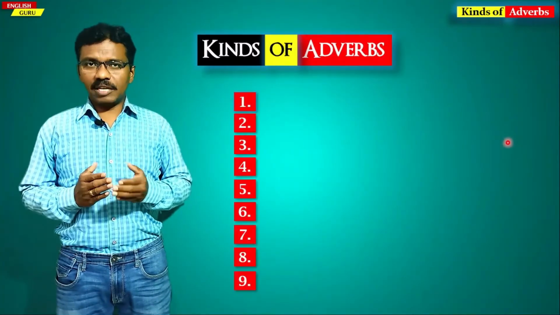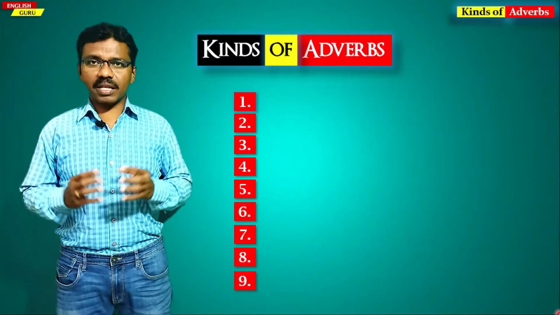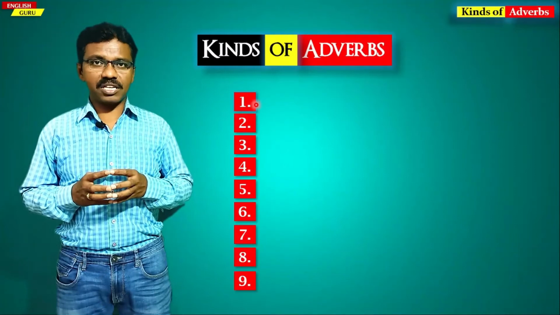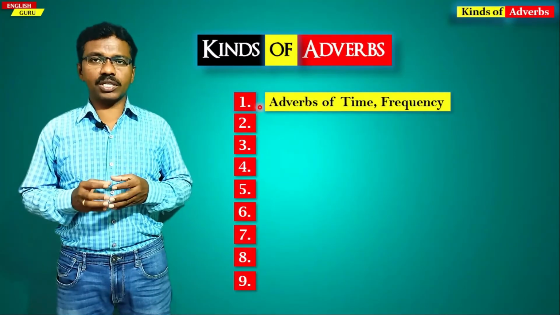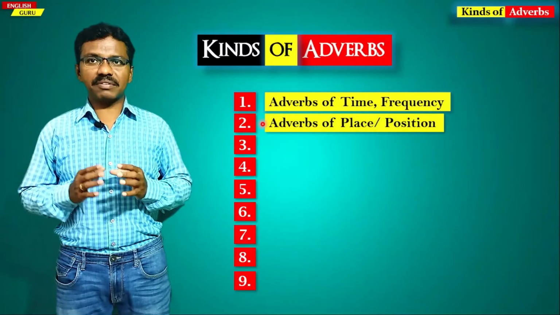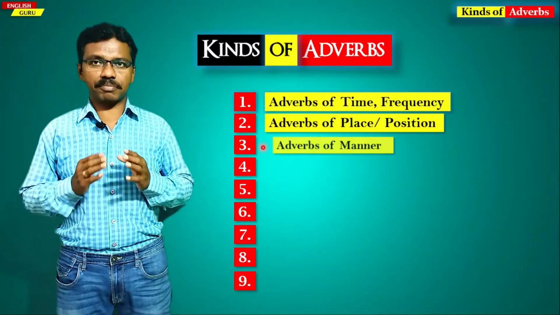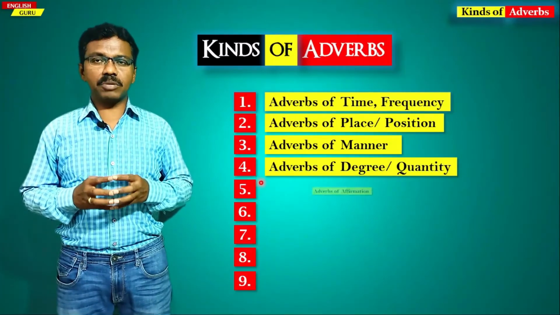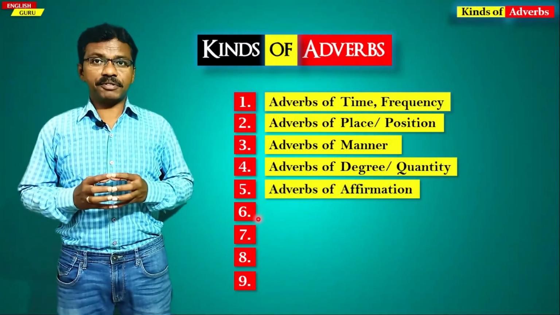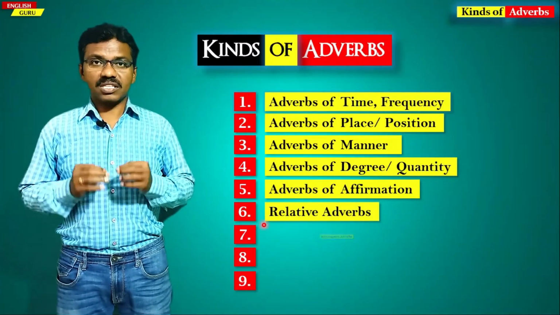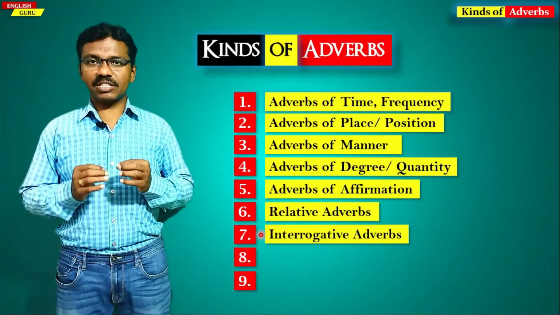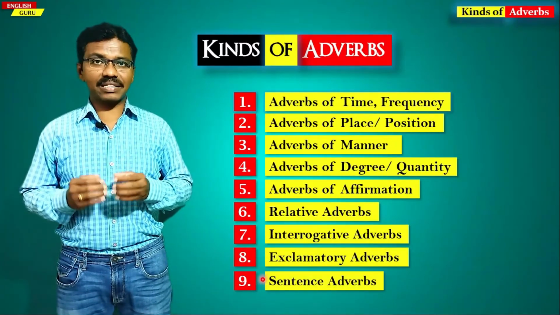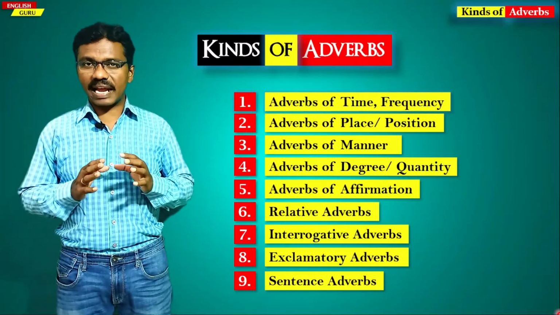In a broader manner, after considering many things, we can take nine kinds of adverbs, and they are: the first one is adverbs of time and frequency, the second one adverbs of place and position, third one adverbs of manner, fourth one adverbs of degree and quantity, fifth one adverbs of affirmation, sixth one relative adverbs, seventh one interrogative adverbs, eighth one exclamatory adverbs, and the ninth one is sentence adverbs.